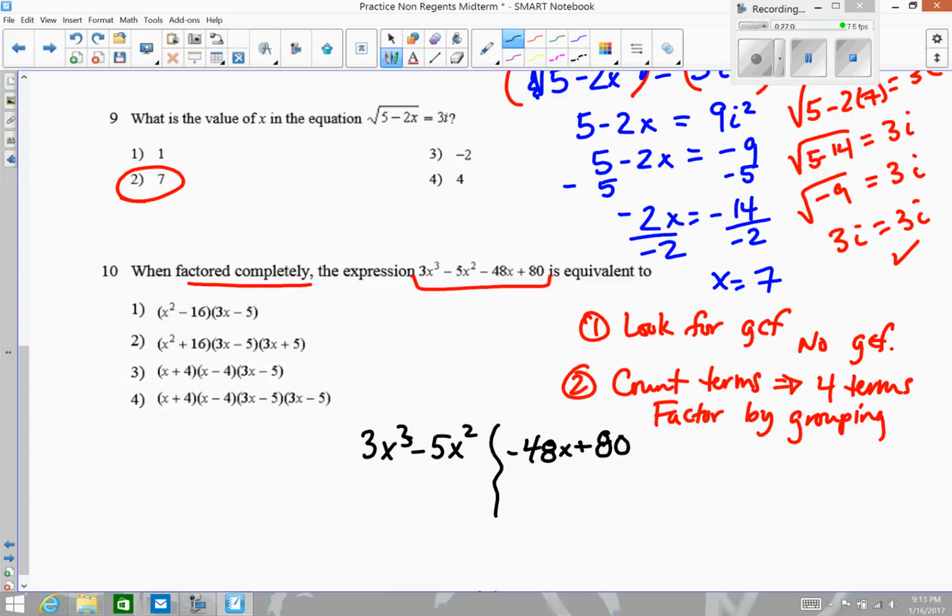When I look for the GCF of my first 2 terms, that would be x squared. And I multiply that times 3x minus 5.